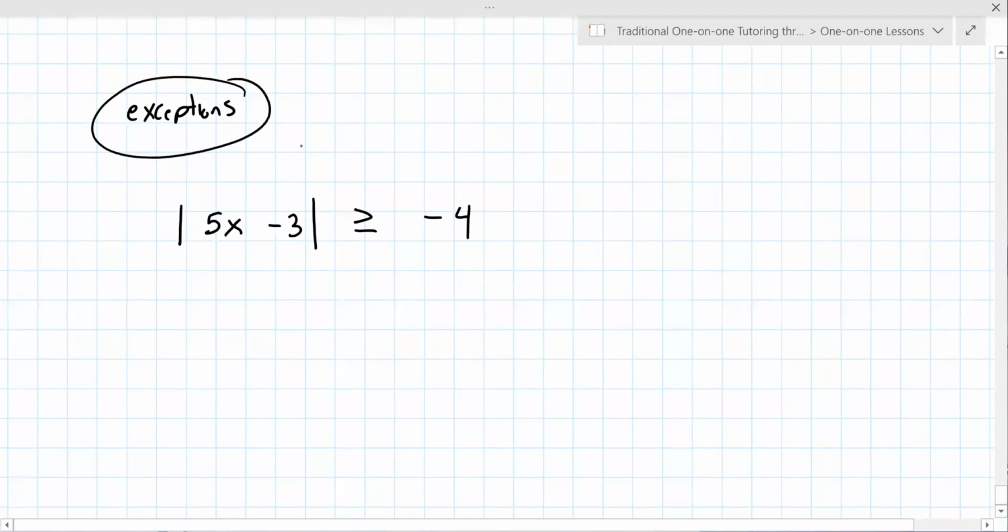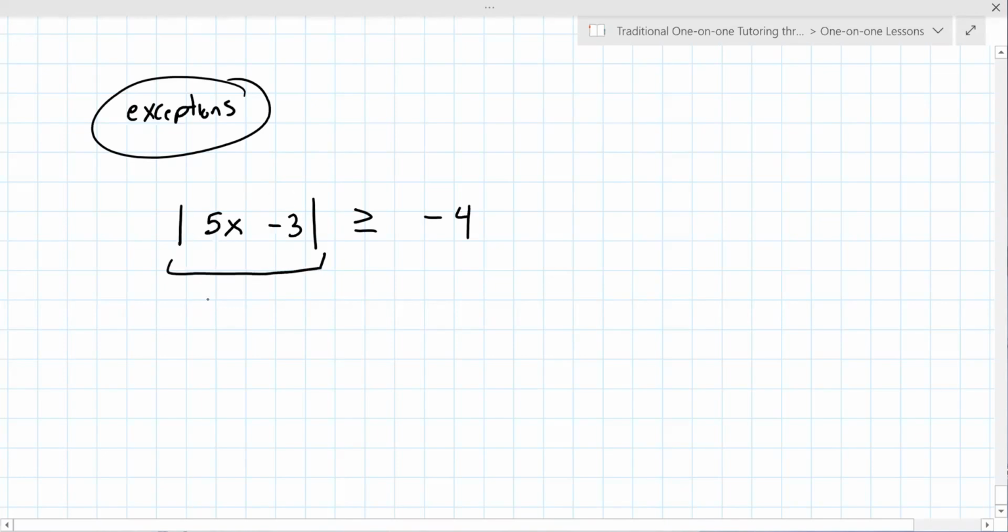So the last kind, I call these exceptions, which we haven't really talked about. Let's say you get this: the absolute value of 5x minus 3 is greater than or equal to -4. Okay. So this is an exception. This means there's something different going on here, so don't try to solve this. What this is literally saying is you take the absolute value of a number.